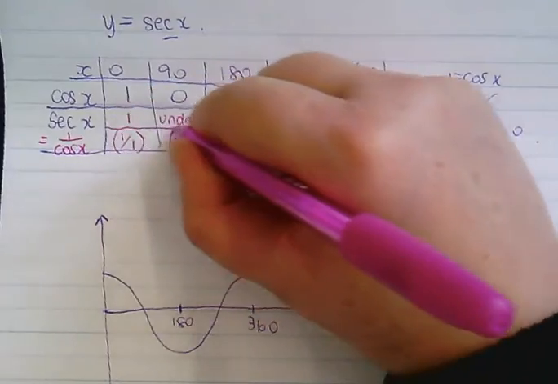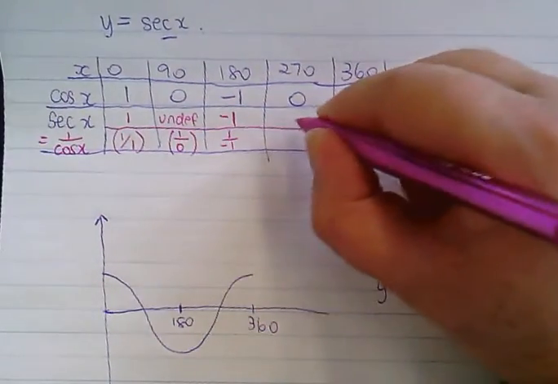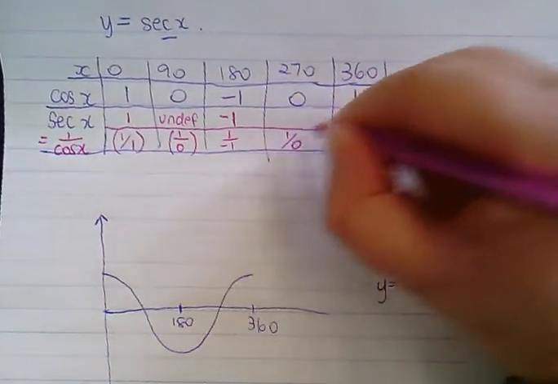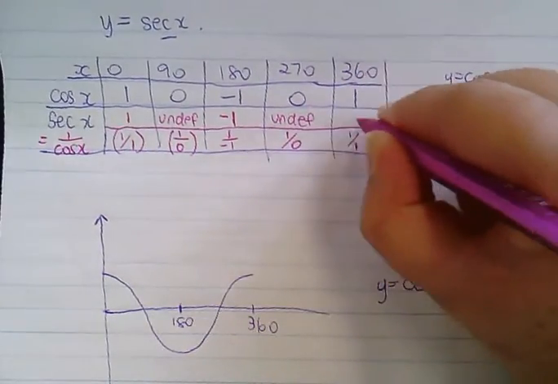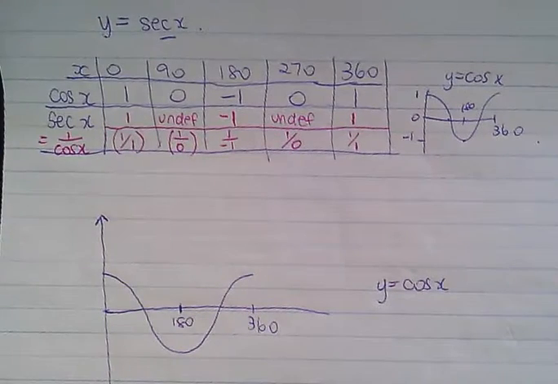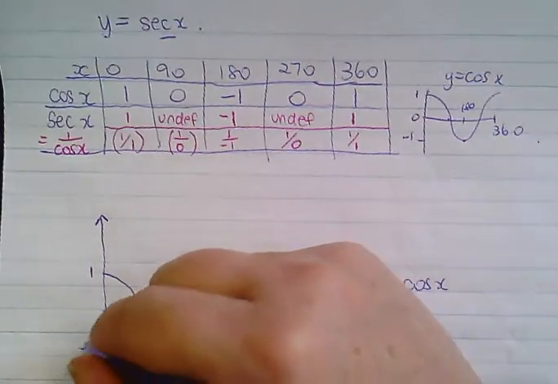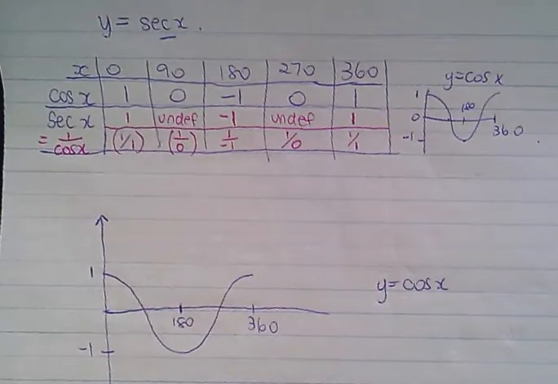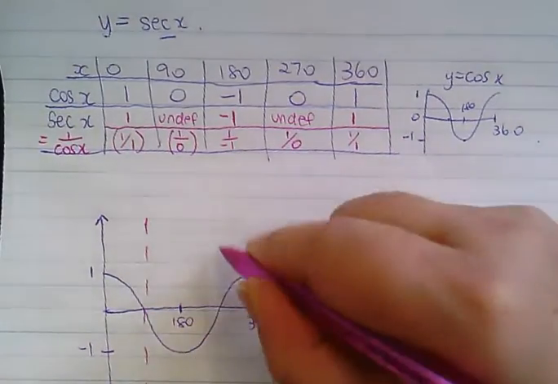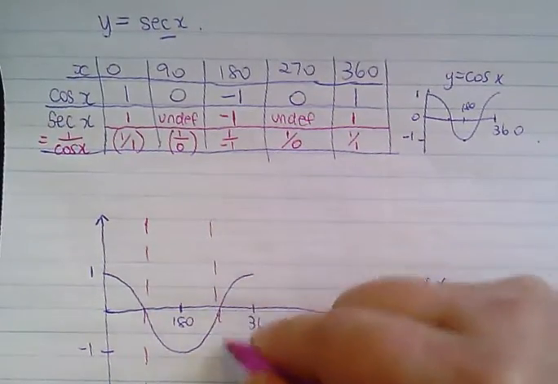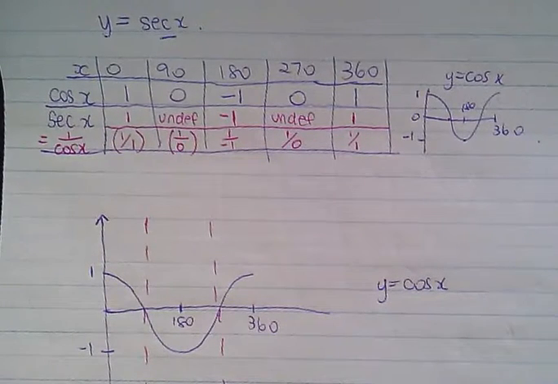I'll just show the working there. 1 divided by 0 is undefined, and 1 divided by 1 is 1. So the trick is, wherever y equals cos x has the 0 values, because you're doing 1 divided by 0, that's where you put your asymptotes for sec. That's how you know where, because you're going 1 divided by 0. That's undefined. There's your asymptote.